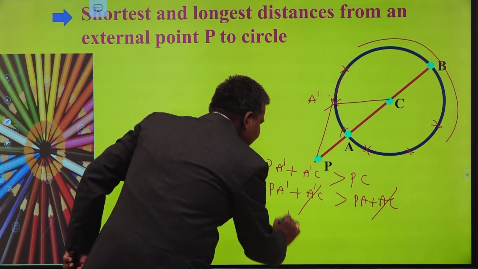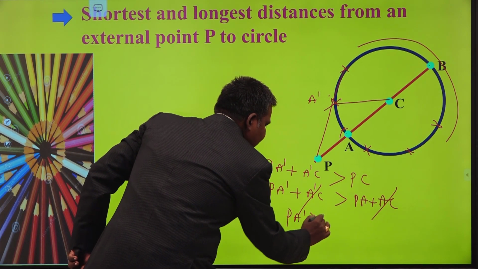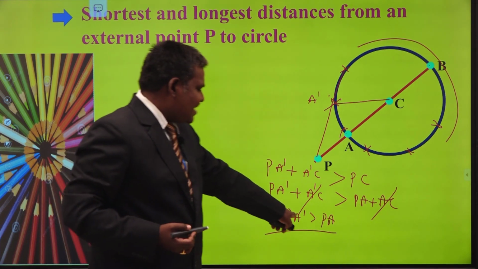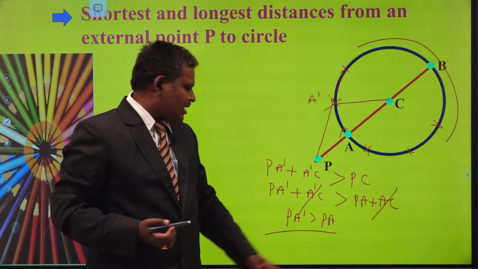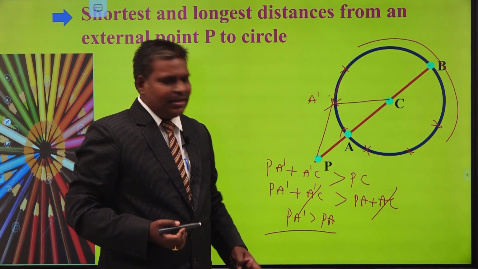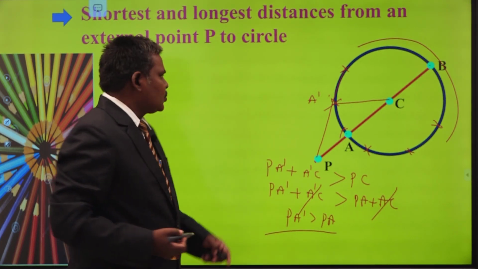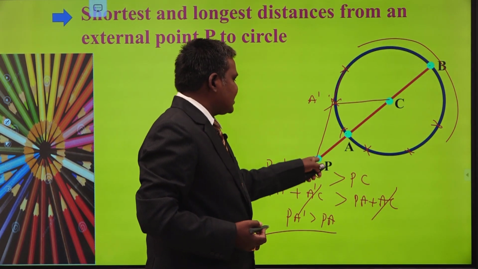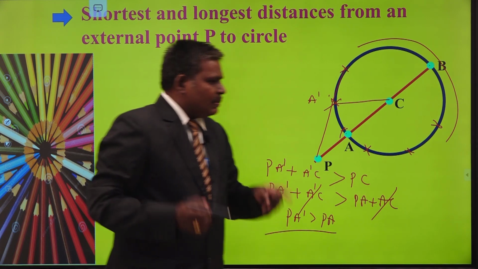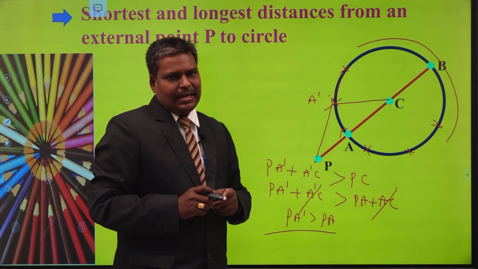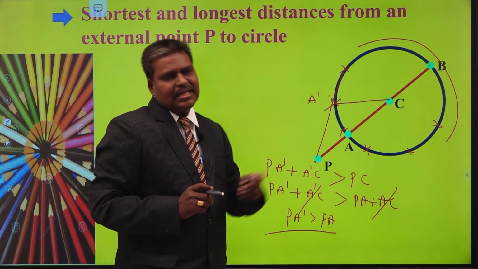PA dash is greater than PA. Now tell me, this A dash is any point on the circumference of the circle. This is my favorite point. Which distance is less? Tell me yourself. PA is the lesser distance. So I am taking PA as the shortest distance from point P to my circle.